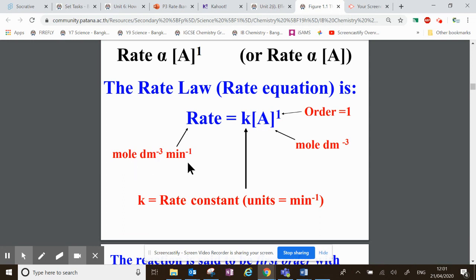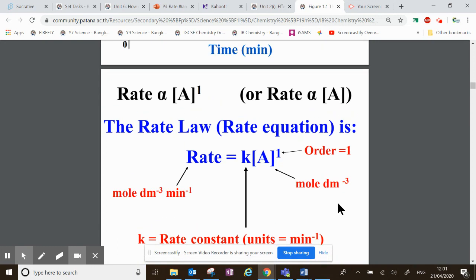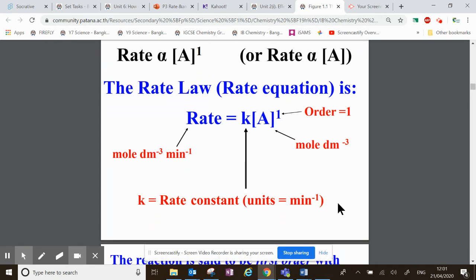So if you want to know the value of the rate constant, it would be rate divided by concentration of A to give us k. The mol dm cubed bit cancels out, and the units of k, the rate constant, will just be per minute, min to the -1. Okay. So according to the data that we've been given in this table, all we can see is this reaction is first order with respect to reactant A.